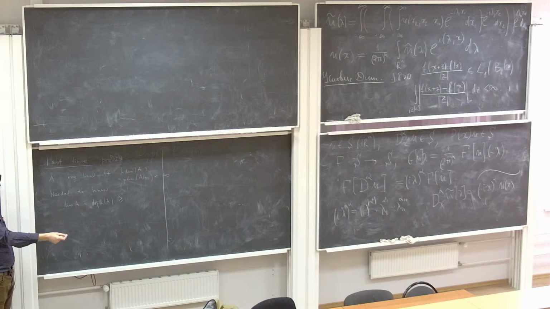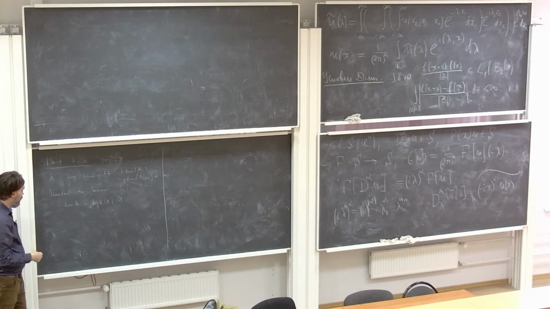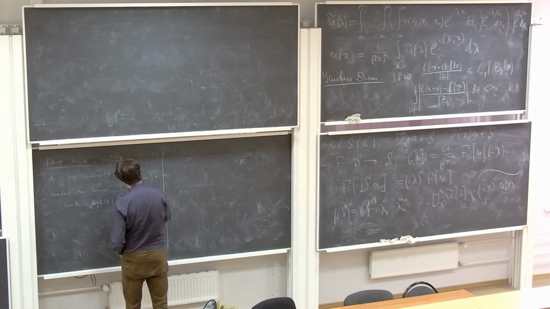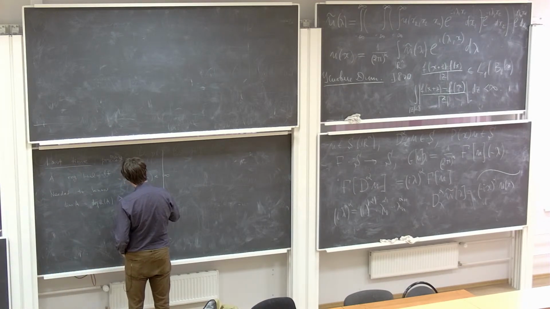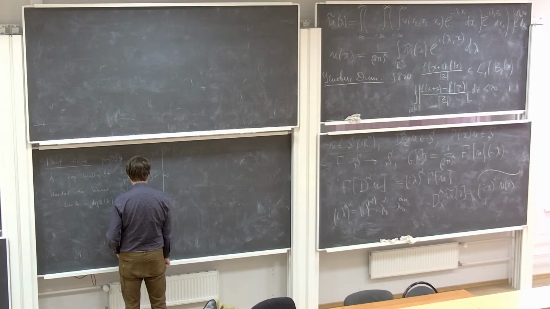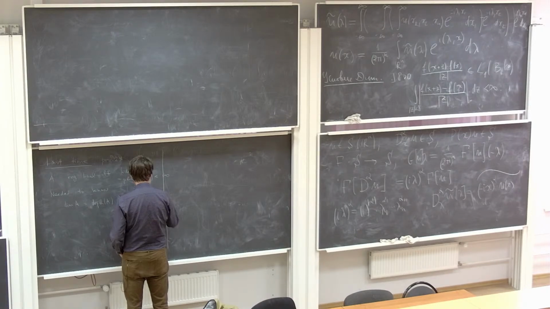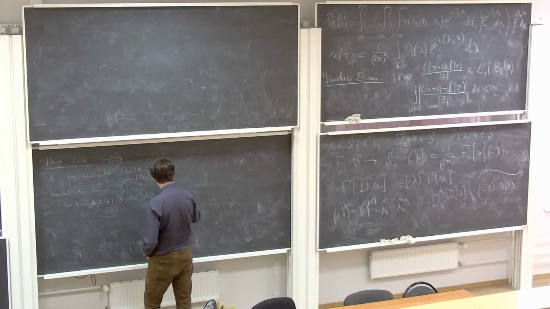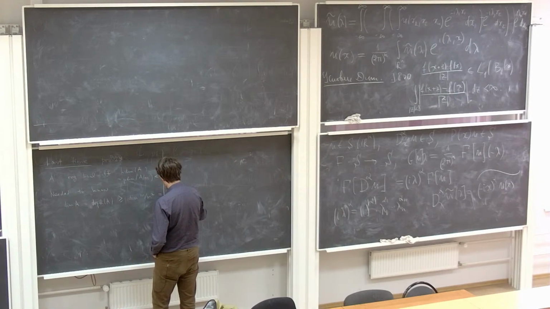That's true for any Noetherian local ring. So we needed the reverse inequality. We needed to know that this is greater than or equal to the dimension of m mod m squared, which is what? The number of minimal generators of m.